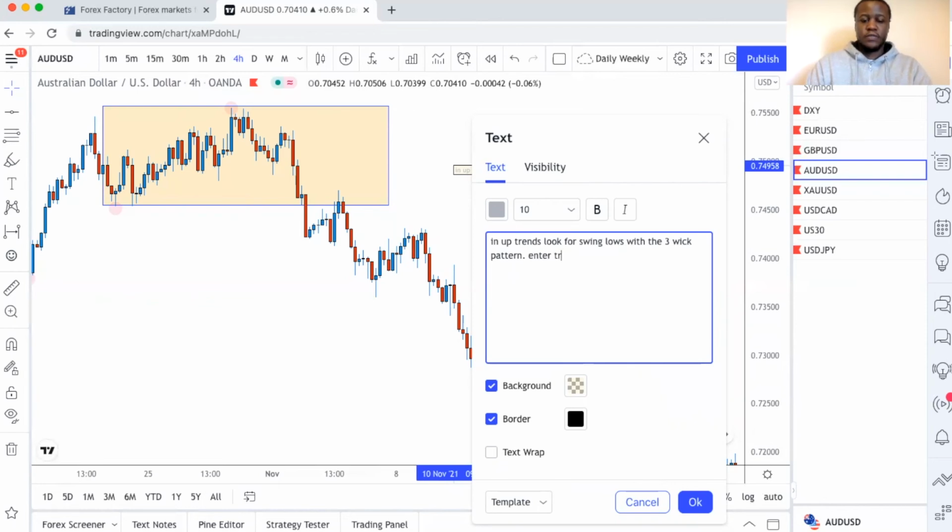Enter trade after the 3rd wick candle is formed.